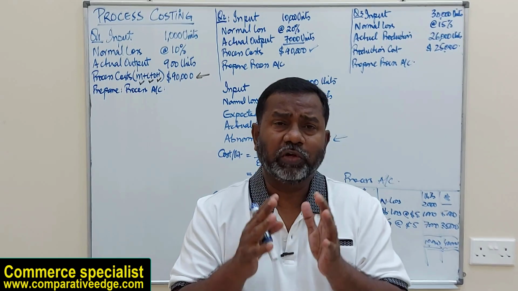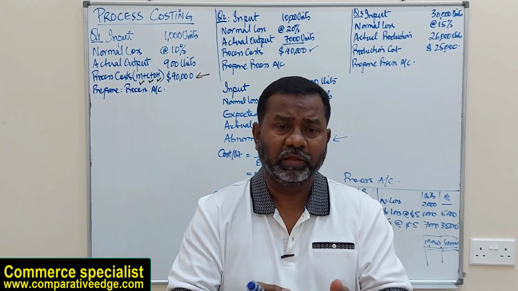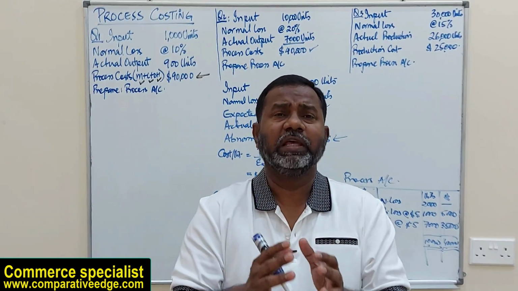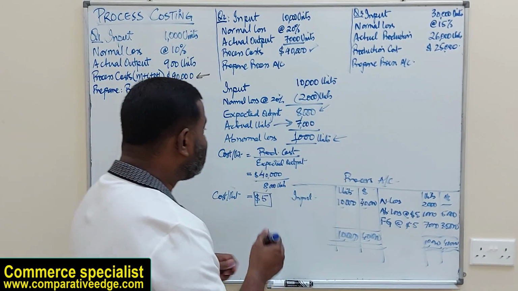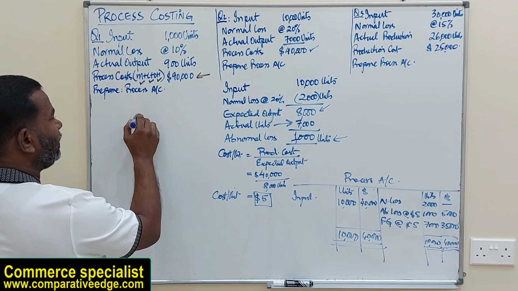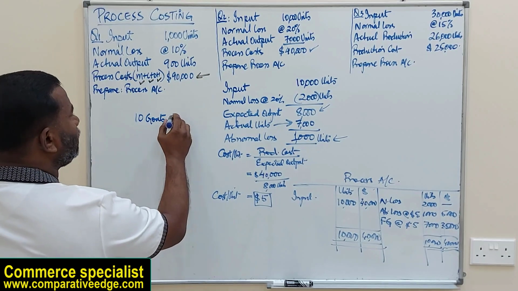For normal loss, yes, we are losing something. But what we do is, the cost of the normal loss is spread over good units. So let me give you an example. Let's assume you purchased 10 goats, each goat for 1,000.